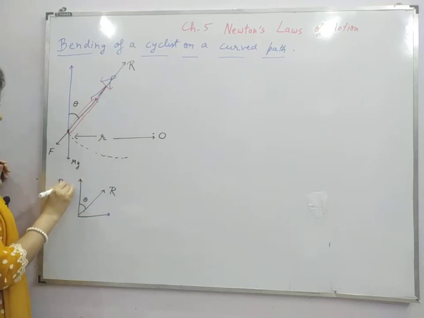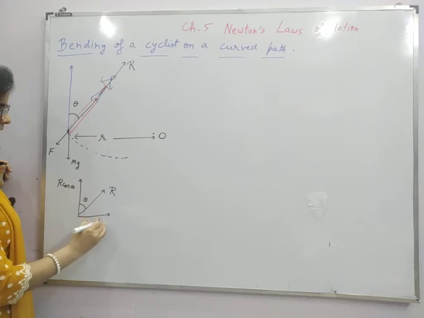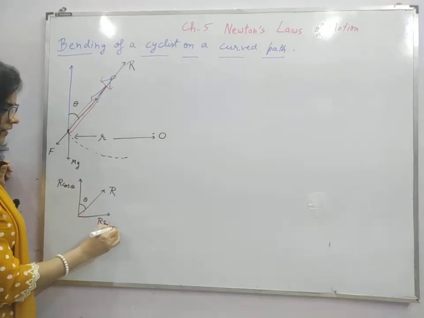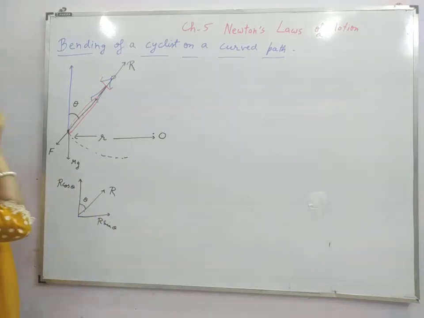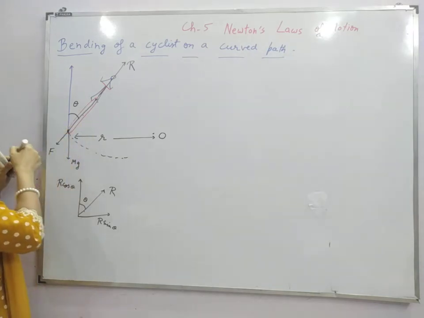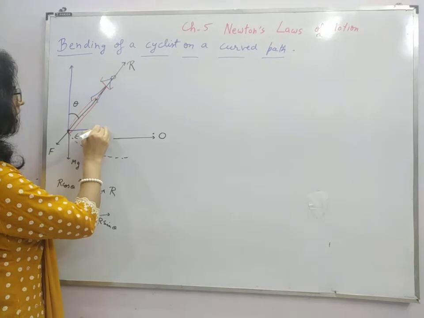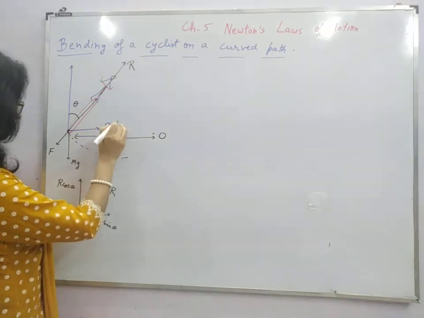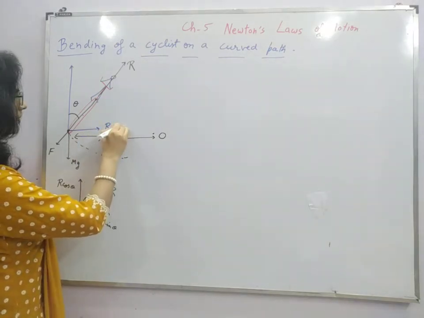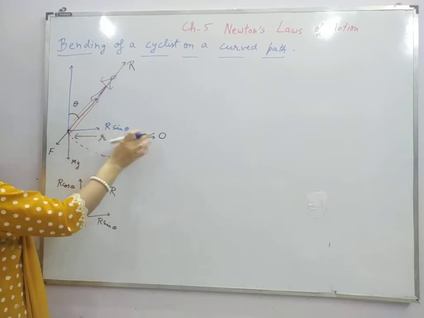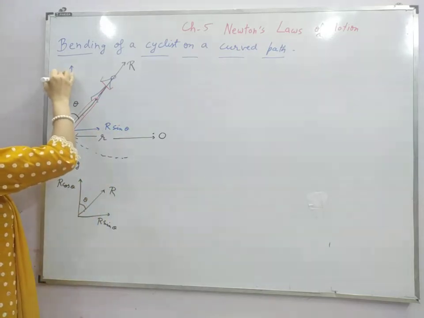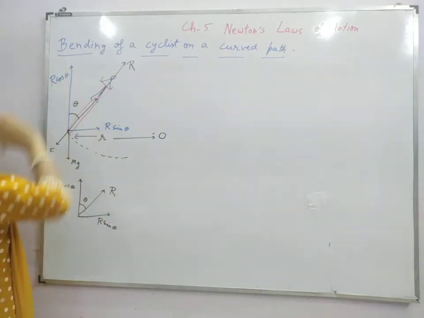So this component will be R cos theta and this will be R sin theta. We can show in this diagram that R sin theta is along the horizontal and R cos theta is along the vertical.